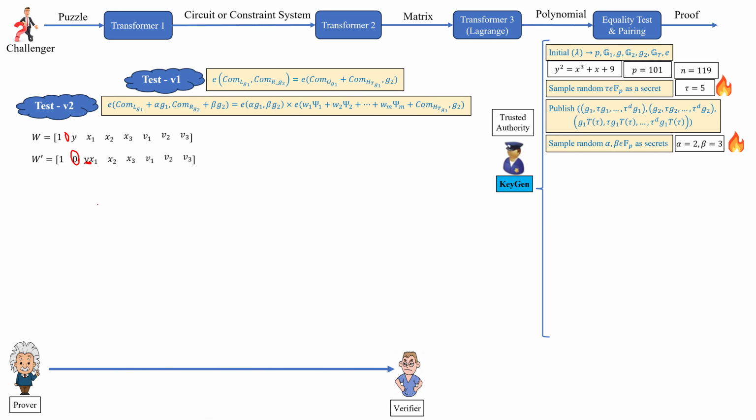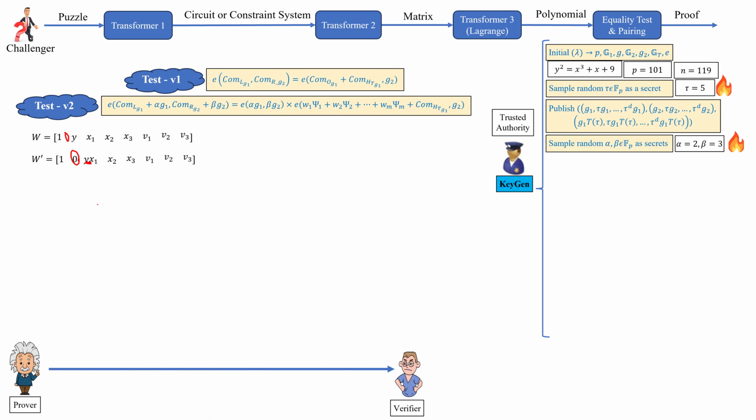Suppose that we have a circuit that needs different kinds of knowledge. The first knowledge is W, known by the prover, and it passes test version 2.